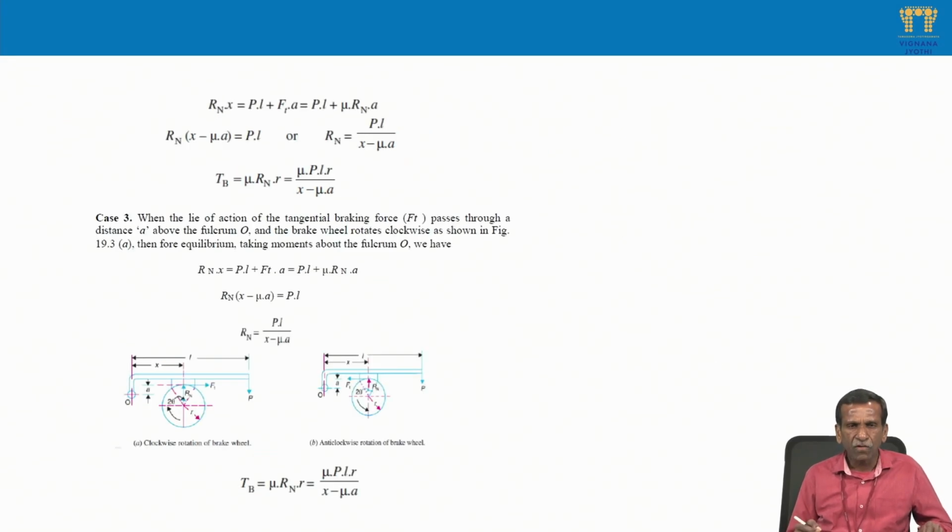There is one more case, the third case, with X minus mu A, which is when the pivot point of the lever is just below the tangential force, the frictional force.